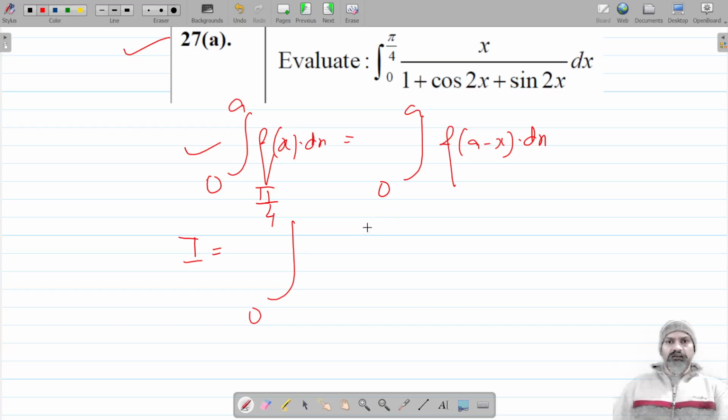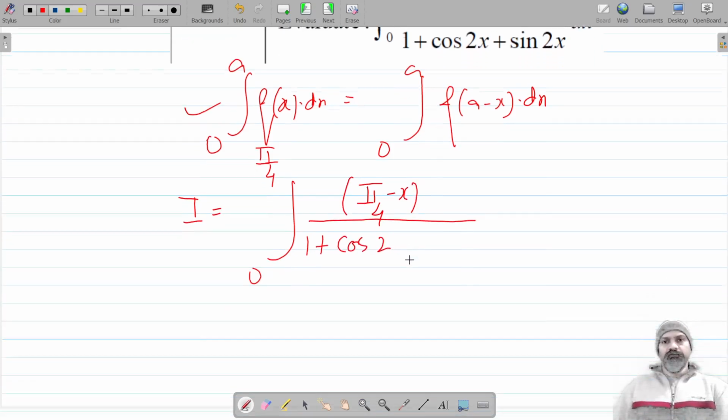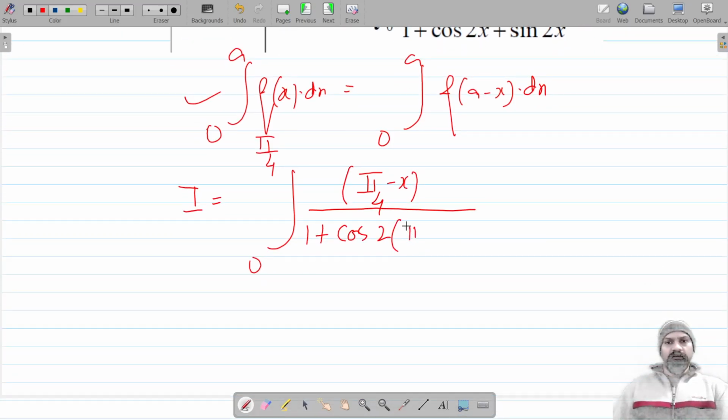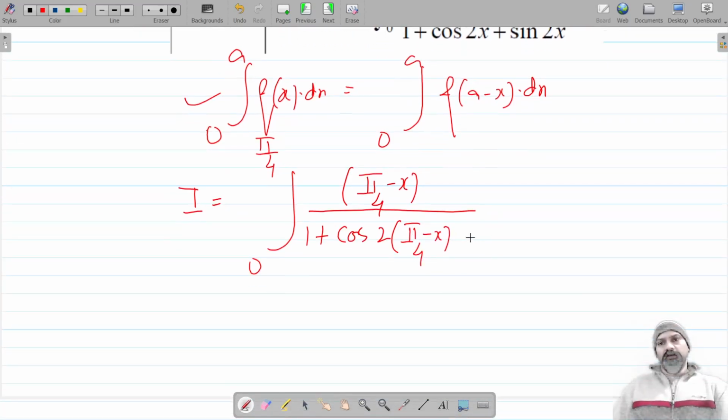And this is x is now pi by 4 minus x divided by 1 plus cos of 2 into x, which is pi by 4 minus x, plus sine of 2 into pi by 4 minus x.